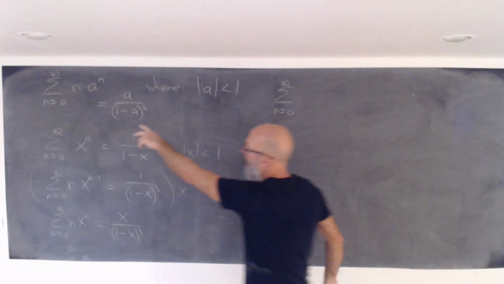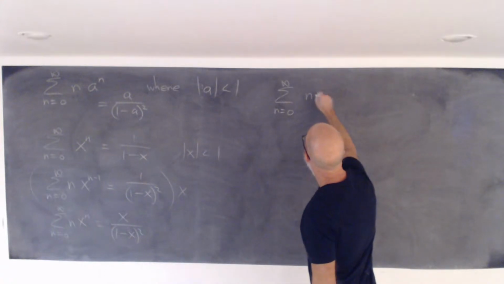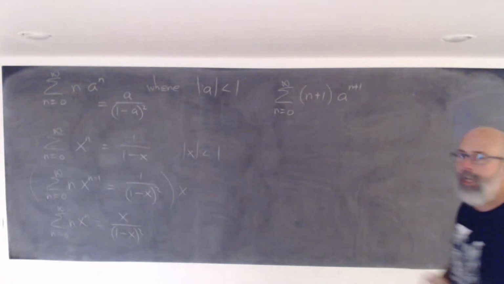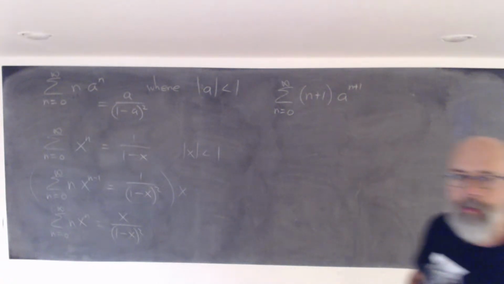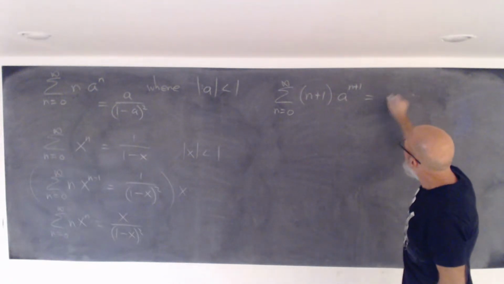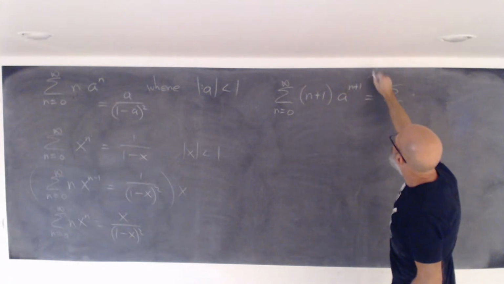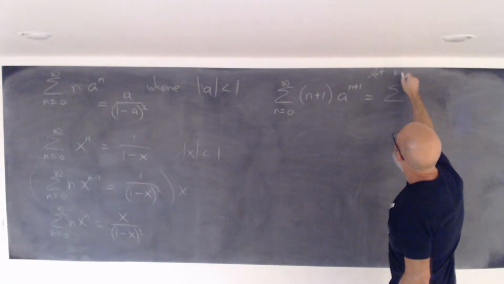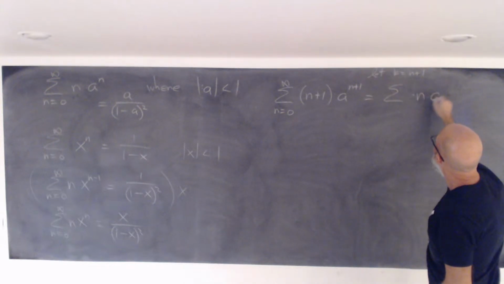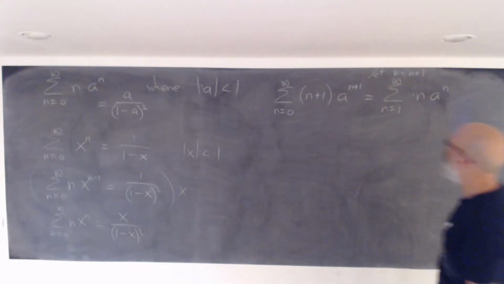Instead of looking at n a to the n, look at (n plus 1) a to the n plus 1. By making a change of variables, right, if you let k be n plus 1, this is really n a to the n, where you're starting at 1 instead.